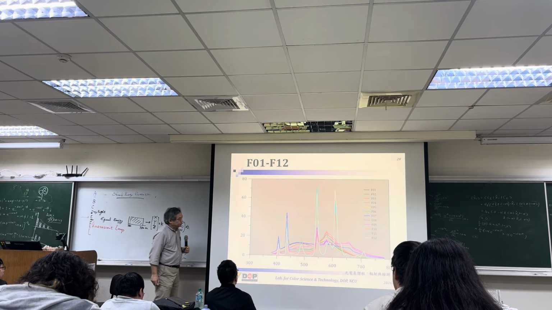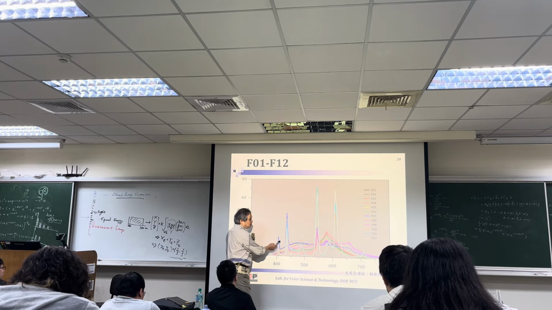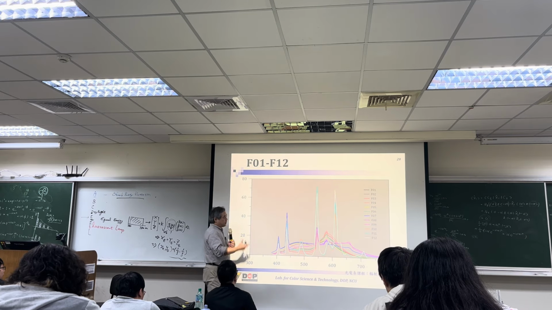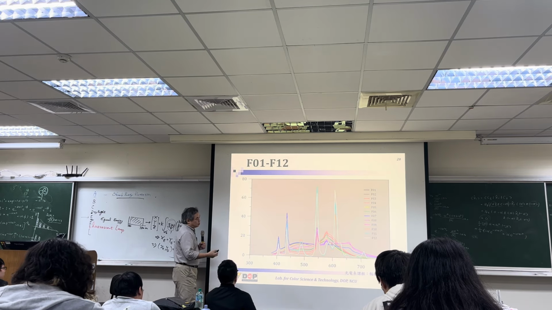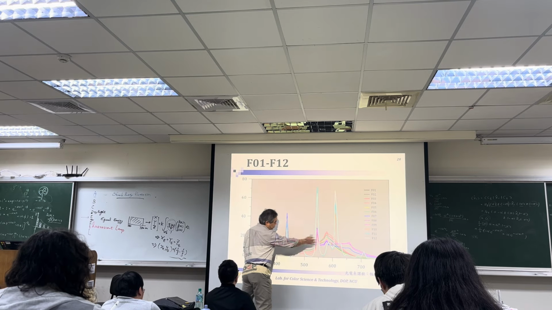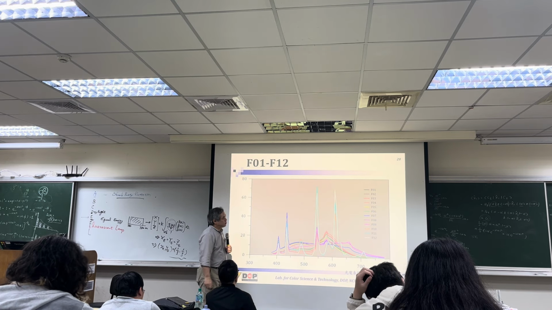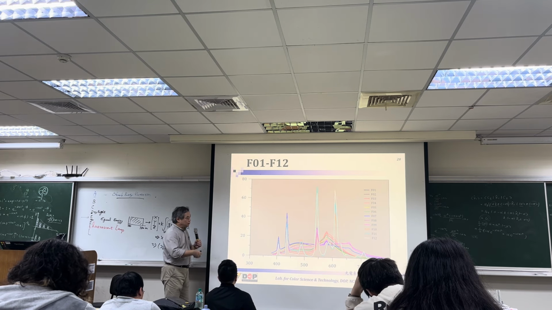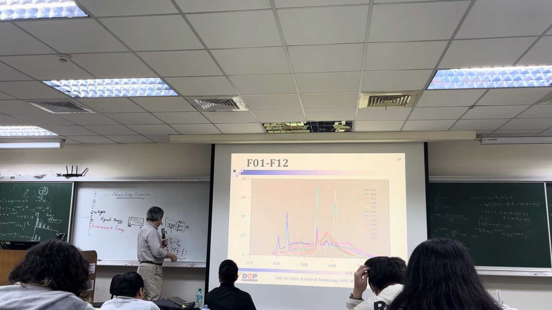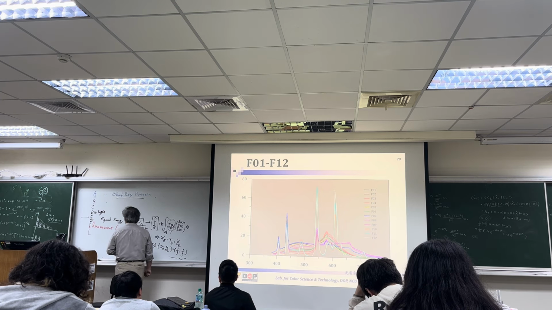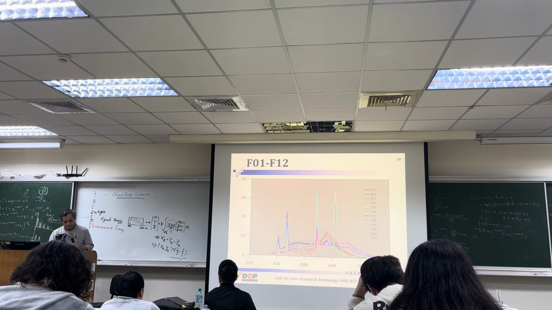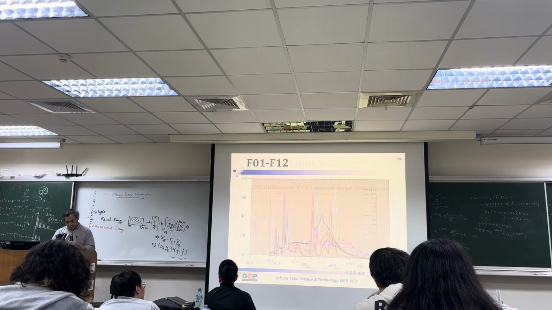Okay, but it is easy to obtain this kind of light source. So we use this special spectral distribution for one of the calibration or standard light sources. Okay. So we have 12 different kinds of light source.